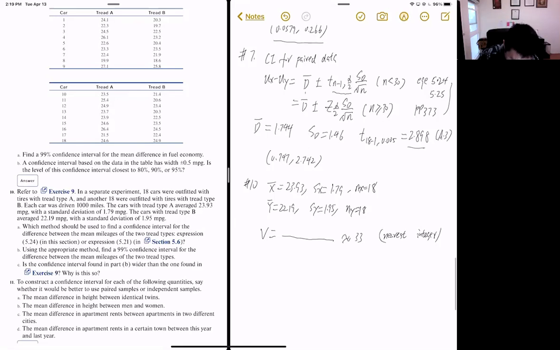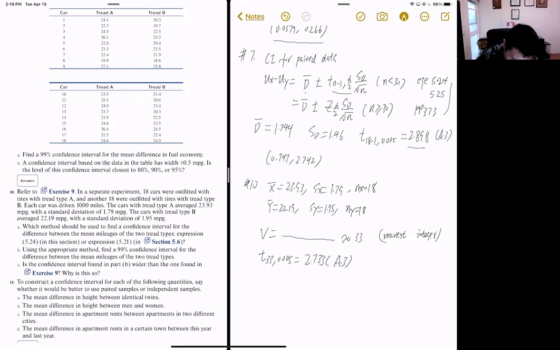So the t value will be for 33 degrees of freedom, 99% confidence interval. So half alpha will be 0.005.